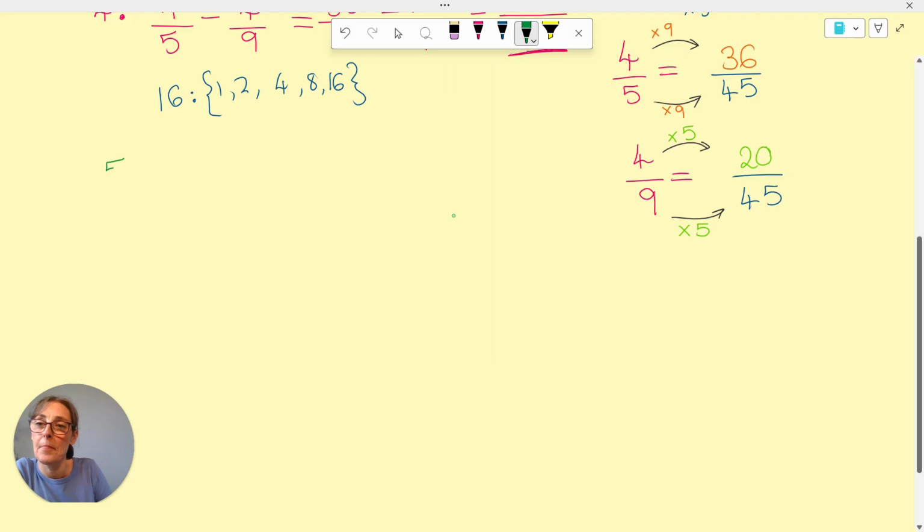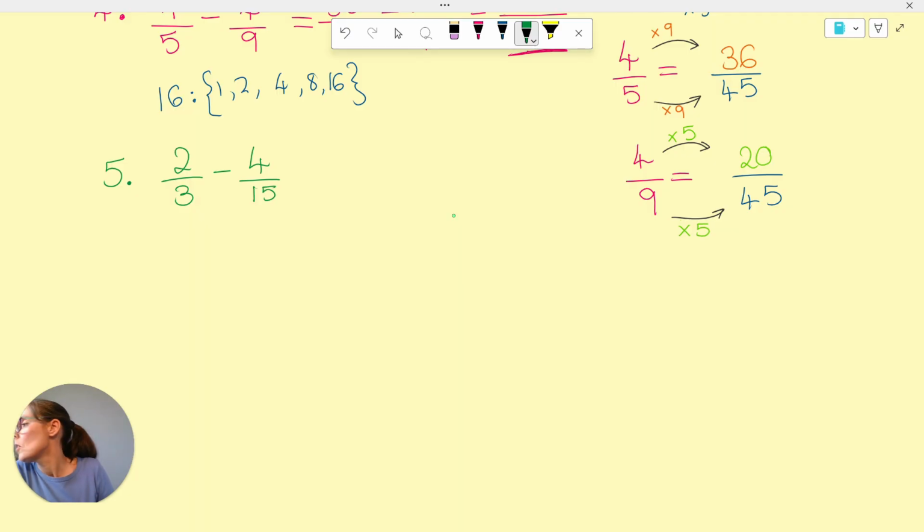Okay. 2/3 take away 4/15. 2/3 take away 4/15. 3's fit into 15 because 5 3's is 15. So I'm going to turn 2/3 into 15ths.